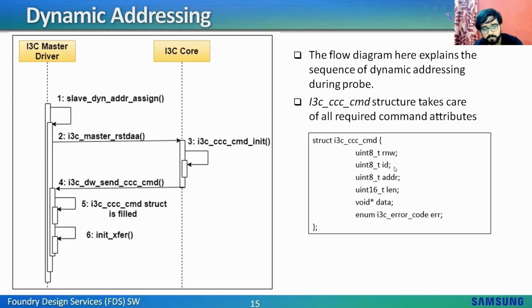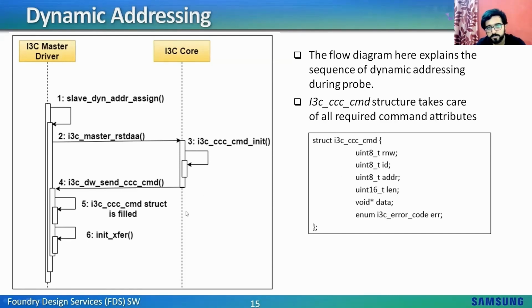It holds the address of a target device, or devices if it is going to be a broadcast command. Then we have the length variable. It tells the length of the command. Then we have a data pointer variable. It holds the command buffer. And then we have the error variable. It keeps check for any errors that might get introduced during the operation.